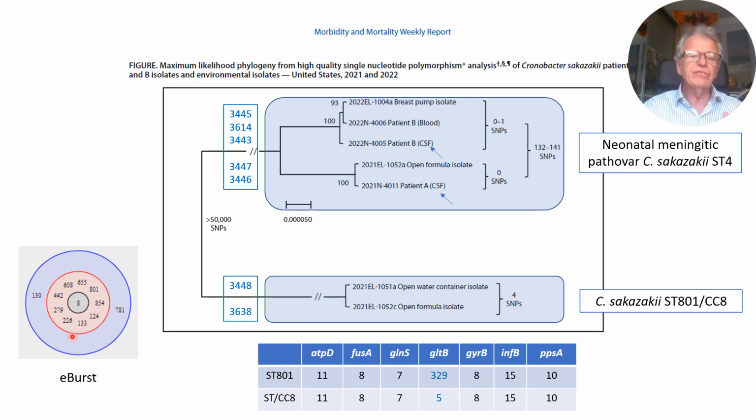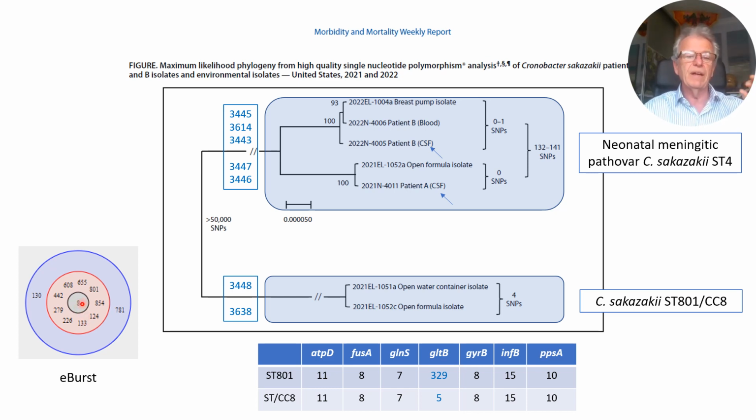When we do eBURST, which is an automatic thing we can do in PubMLST, we can find out which sequence types are similar to each other by number, and number 8 is in the middle. Sequence type 8 is in the middle, so that's what we name the clonal complex after.